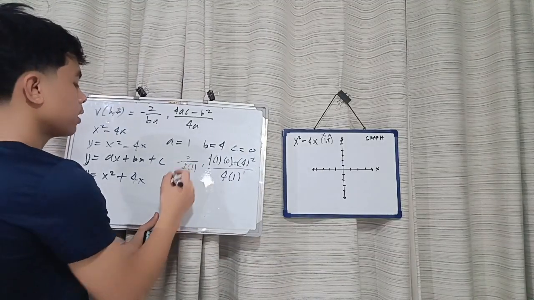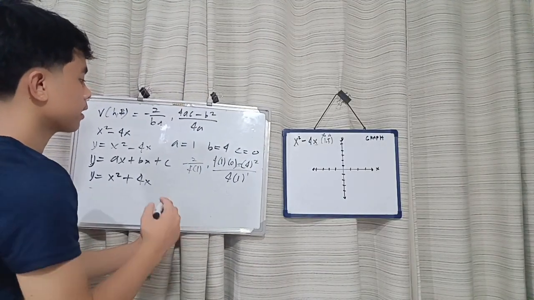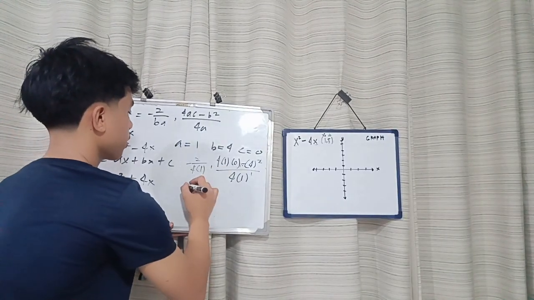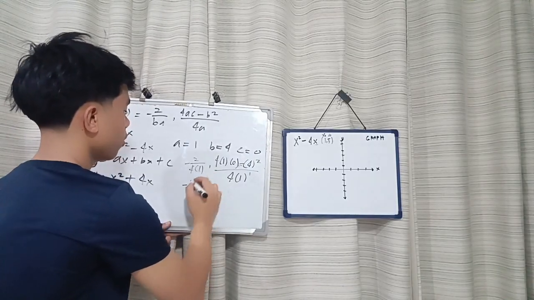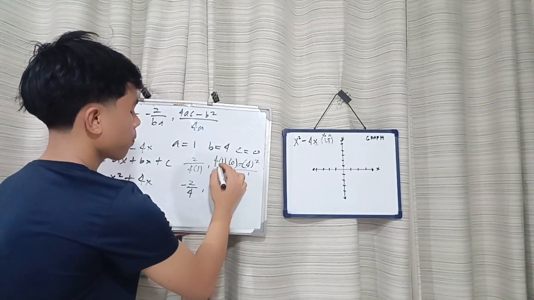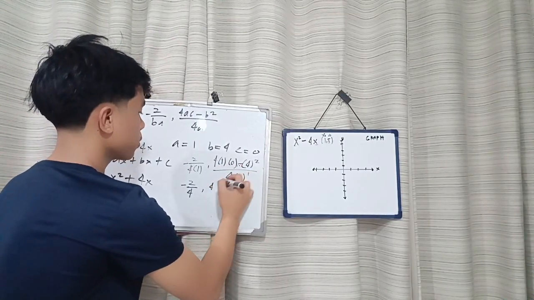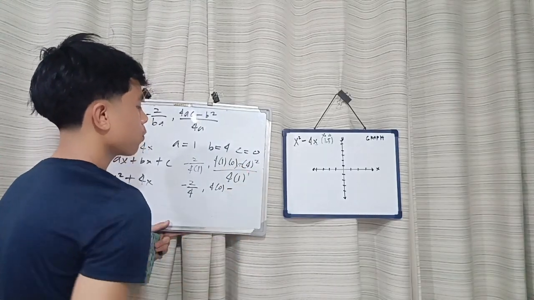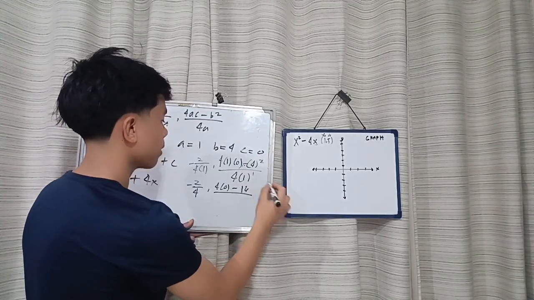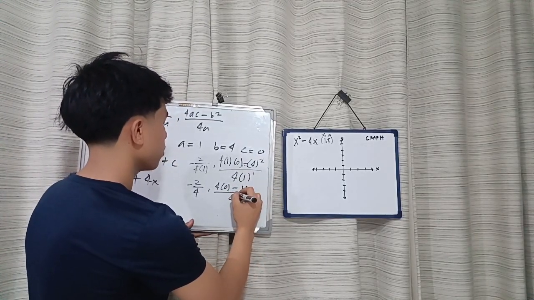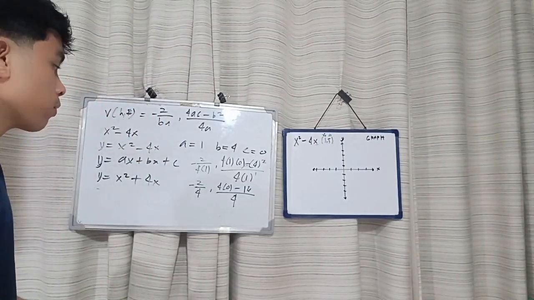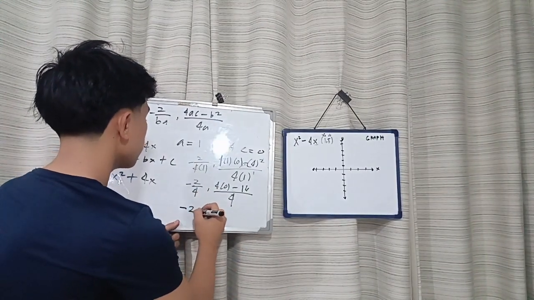Negative 4 over 2 times 1 is equal to negative 2. Then 0 minus 4 squared, which is 16, over 4 times 1, so 4.